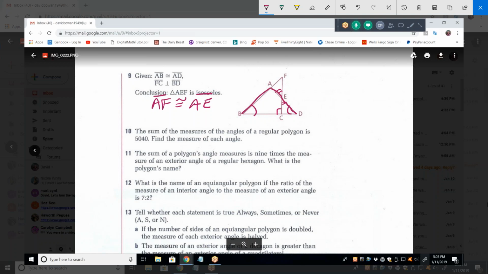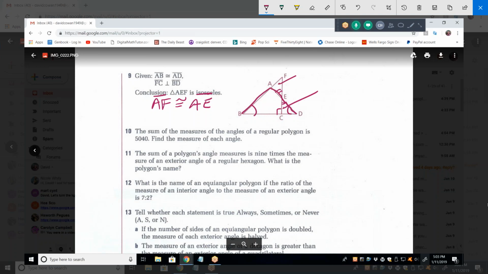So what do we have? We have these two congruent, right? Yes, we know that, I think. Why do we know that? Hold on. Start from the back.